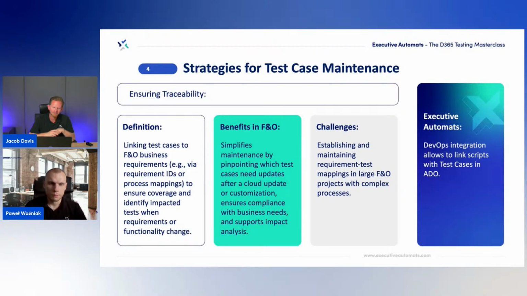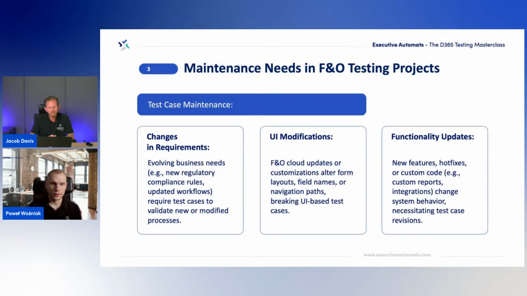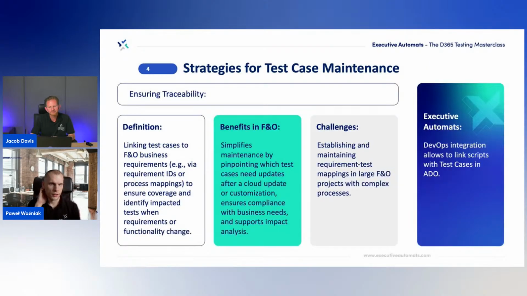So here we had a summary about those triggers. Now we have some tactics, approaches to handle all those changes. The first one will be traceability. This is highly connected to requirements changes.